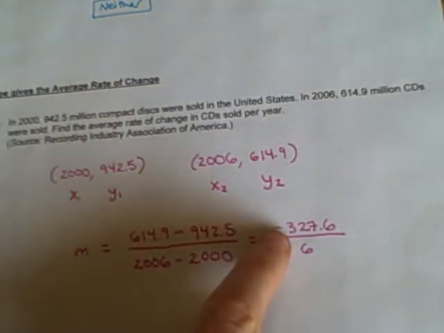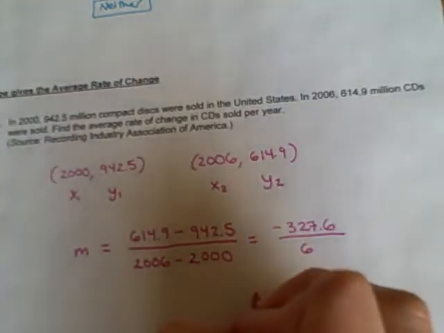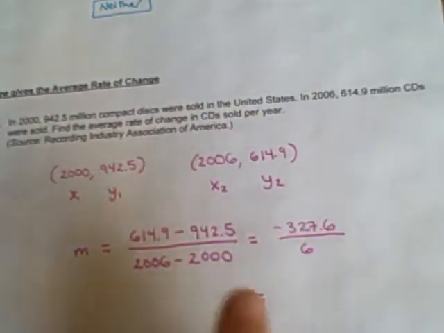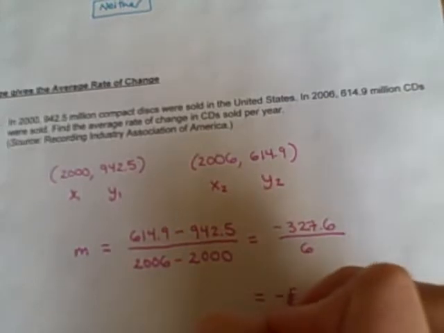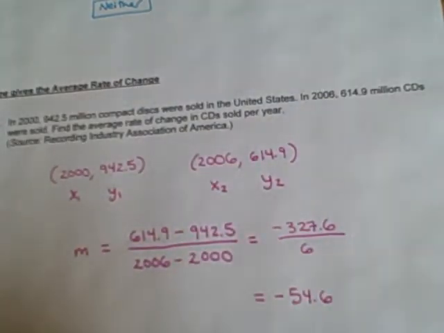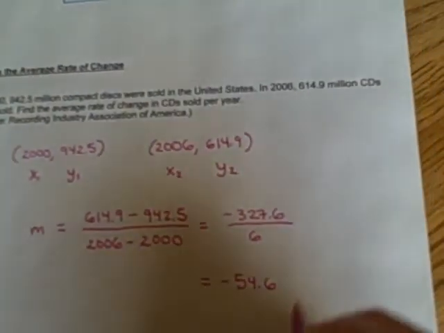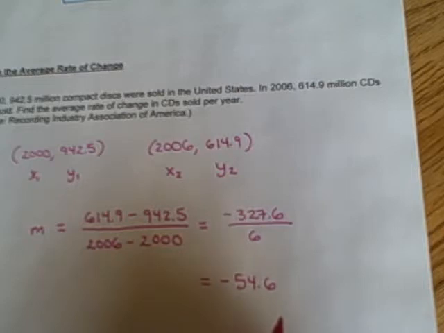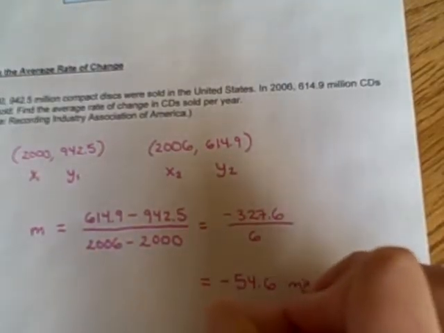Good, we're getting our negative in here because we know the number of CDs went down. And if you plug that into your calculator, you're going to end up with a rate of negative 54.6. So the average rate of change per year is negative 54.6 million.